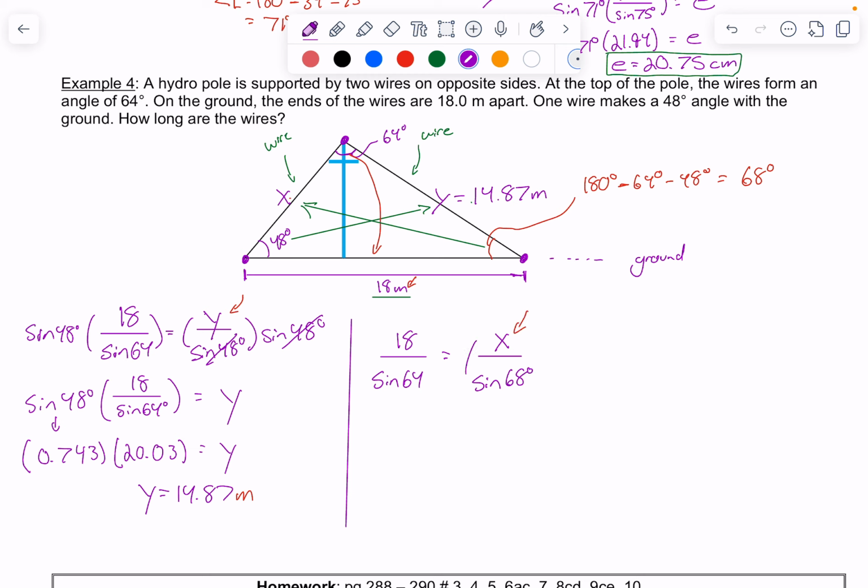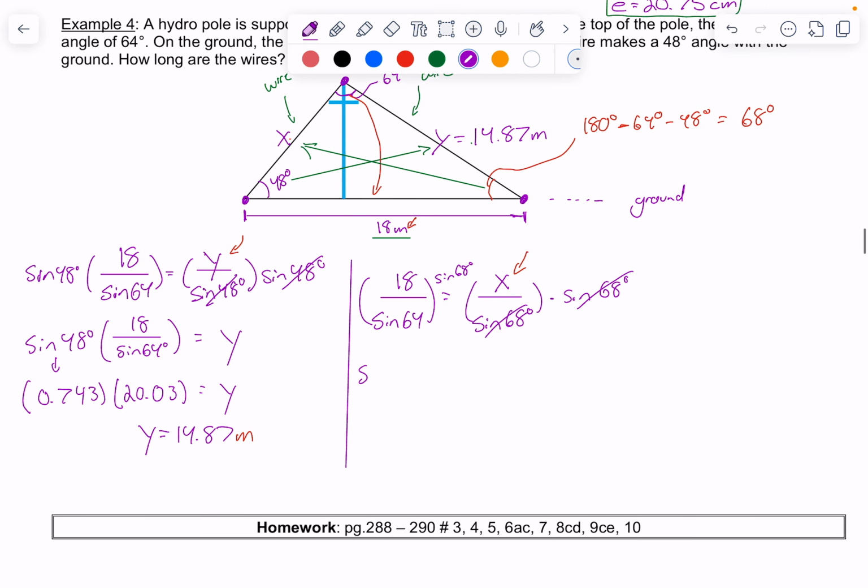Now multiply both sides by sine 68. These cancel. You get sine 68 degrees multiplying 18 divided by sine 64, and that is going to give you the side length x.